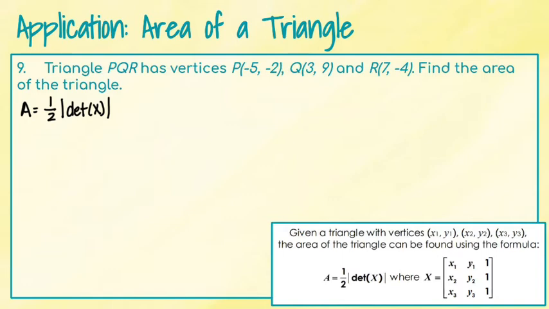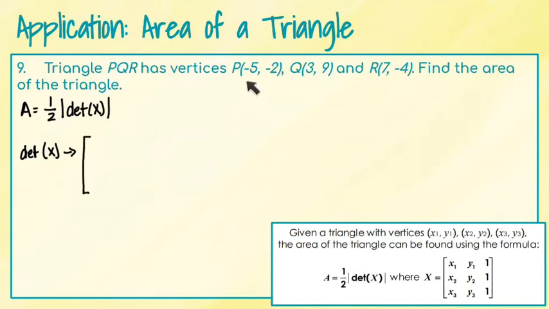So we want to start by finding the determinant of that matrix. So I'm going to come over here. Actually, we'll go down here. So the determinant of X, to find that, we're going to start by making a matrix.